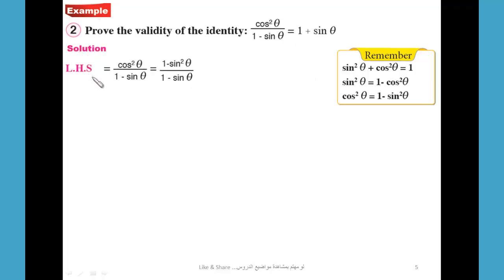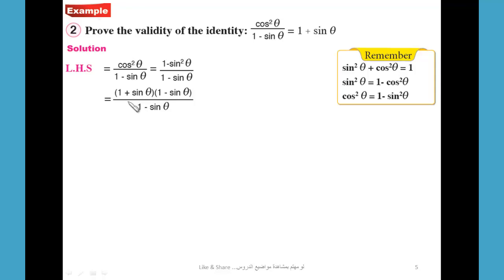So left hand side, cosine square over 1 minus sine. Cosine square equals 1 minus sine square over 1 minus sine theta. You can factorize the numerator into two brackets. It's a difference of two squares.